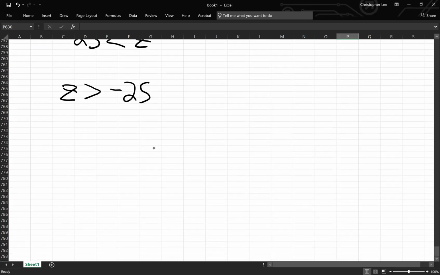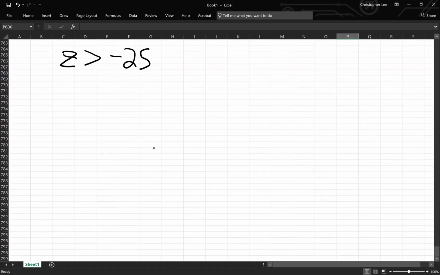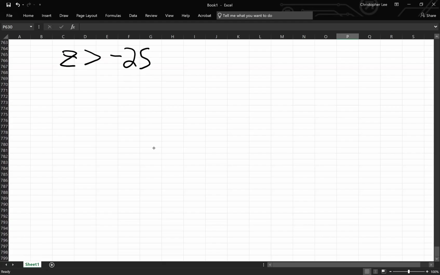Now, if you're wondering why I always graph in such a lazy way, this is the main reason why, right? Because I have a -25. Imagine if I started at 0, I have to do 25 numbers to the left, and I have to do a little bit more to prove that there's numbers smaller than that, right? So instead, make it easy. I just start off at the -25, right?